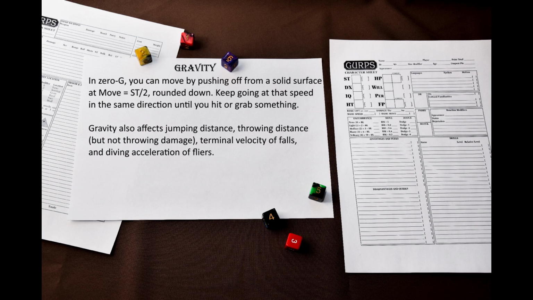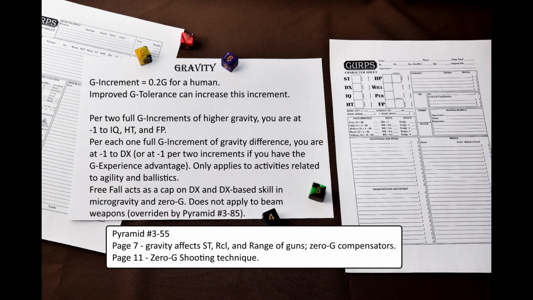Local gravity also changes your normal jumping distance, throwing distance but not damage, terminal velocity of falls, and the diving acceleration for flyers. How does gravity affect attributes? To explain that, I have to introduce the concept of a g increment.